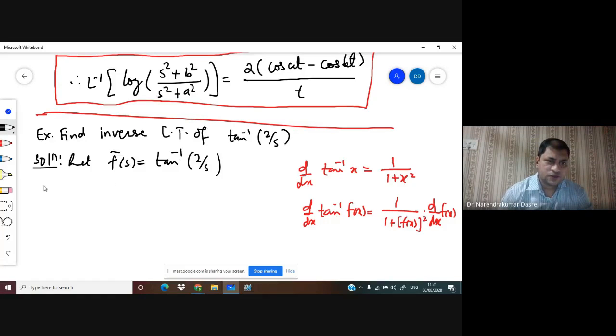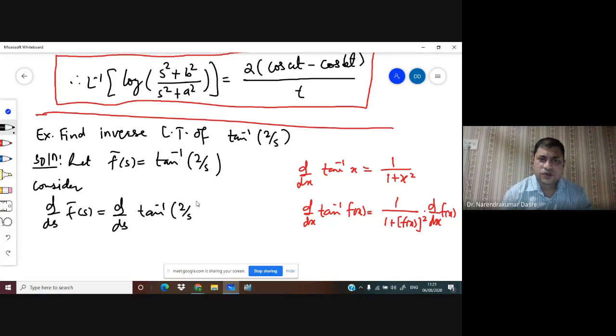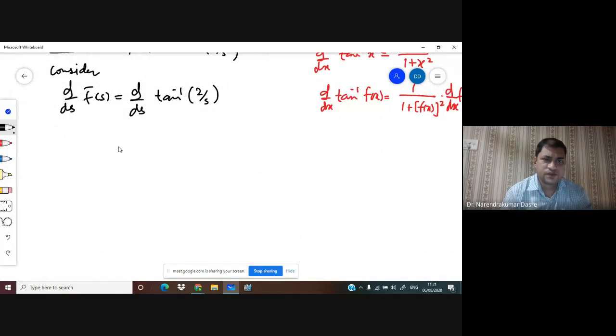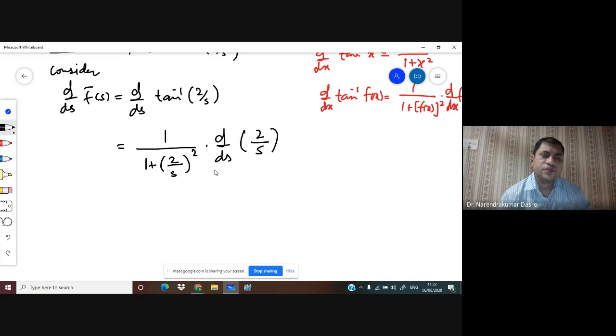Okay, so now consider the derivative d by ds of f bar of s, which is equal to d by ds of tan inverse of 2 by s. And what derivative do we have? This is equal to 1 upon 1 plus 2 by s bracket square into d by ds of 2 by s.